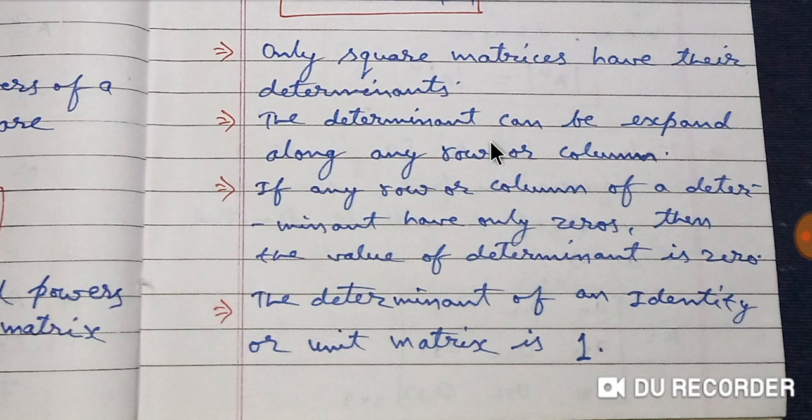The determinant of a square matrix can be expanded along any row or any column of that given matrix. If any row or column of a determinant has only zeros, then the value of the determinant is zero. These are some properties of determinants.